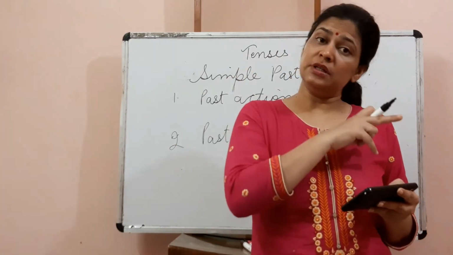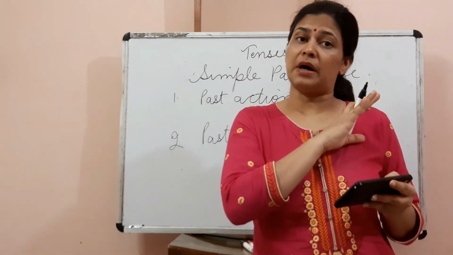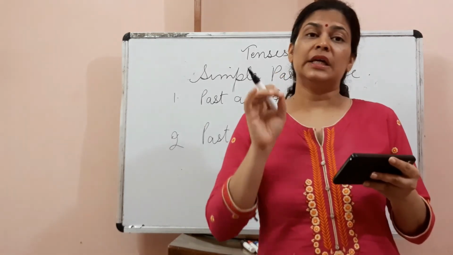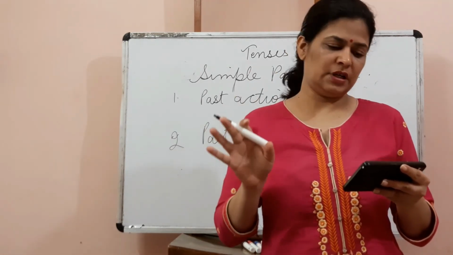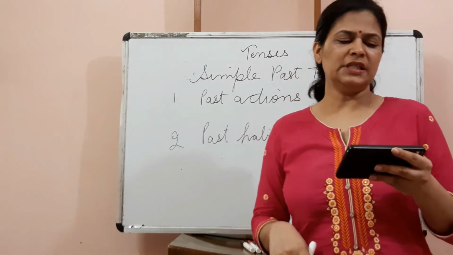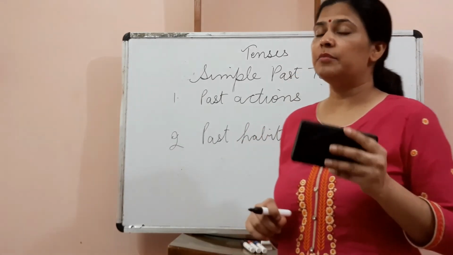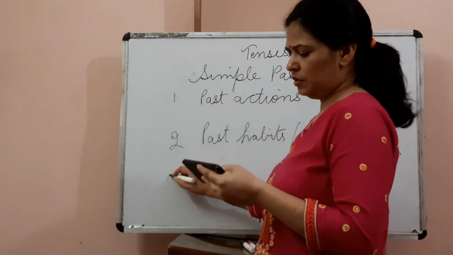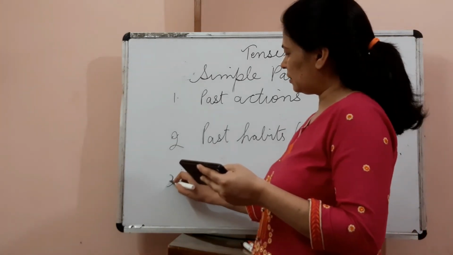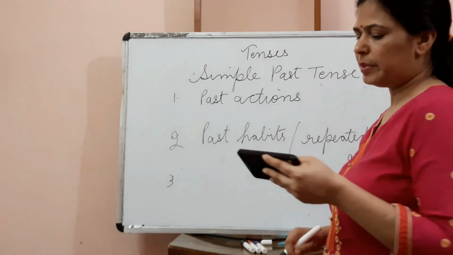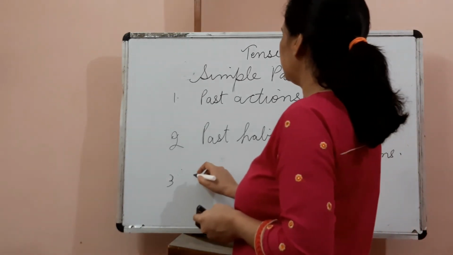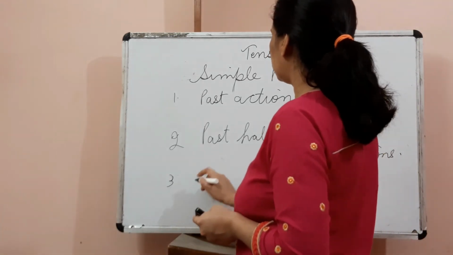So when I was in Chennai, that means a thing of the past. What did he do? He went to the beach every day. Then we usually spent the summer in Bengaluru. Okay, so again, third one, we usually spent the summer in Bengaluru. That means it has all happened in the past, not now.